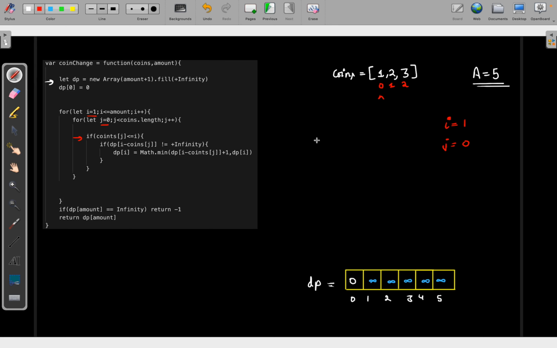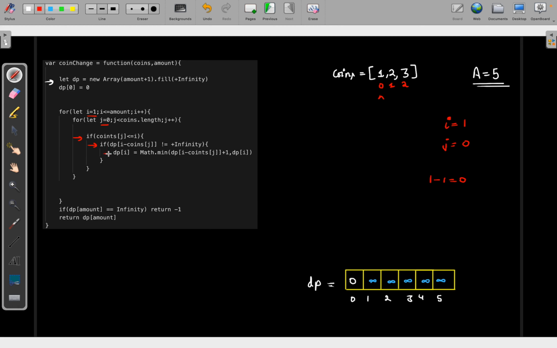Yes, it is equal. So what I will do, I will come here and I will check dp of i minus coins of j. So I will check what is i, 1, minus coins of j, 1, 1 minus 1, 0. So I will check dp of 0 is not equal to infinity, and yes, it is not equal to infinity.